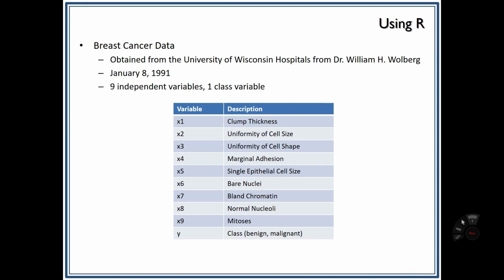I mean, the distribution of class 1 and class 0 could be quite different. So in that case, we have to split the data set very carefully.